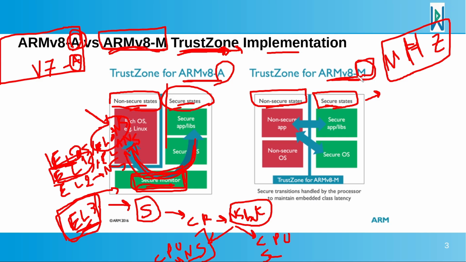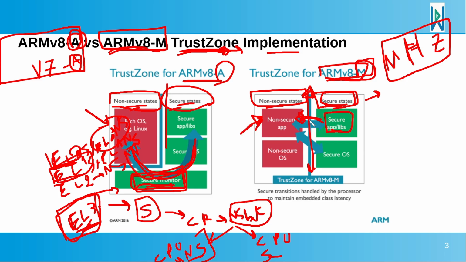Therefore, ARM had to change the flow of switching between secure and non-secure states on the ARMv8-M architecture. And this state transition will be an address-based state transition. It means, if we are running a secure application while the CPU is in secure state, and then we want to switch to a non-secure one, then we should execute a set of instructions, and the destination address should be marked as non-secure.